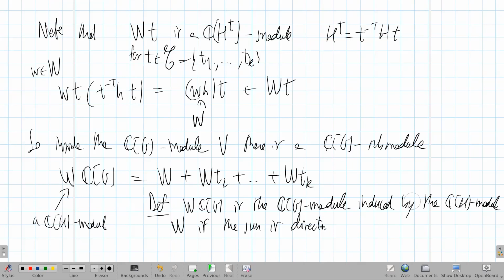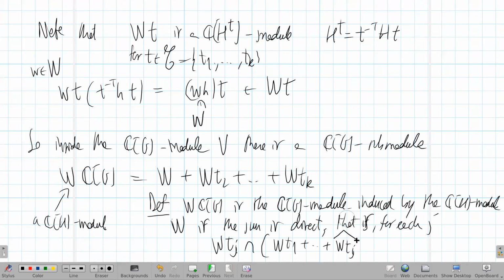Recall what this means: for each j, we have that WTj intersected with the sum of the others, omitting WT1, which is 1, but I'll write it for simplicity, is 0. I use the notation you should be used to: a hat here to mean that this component is not here.